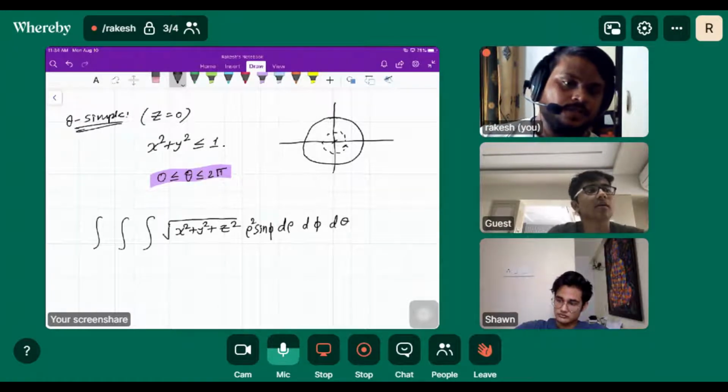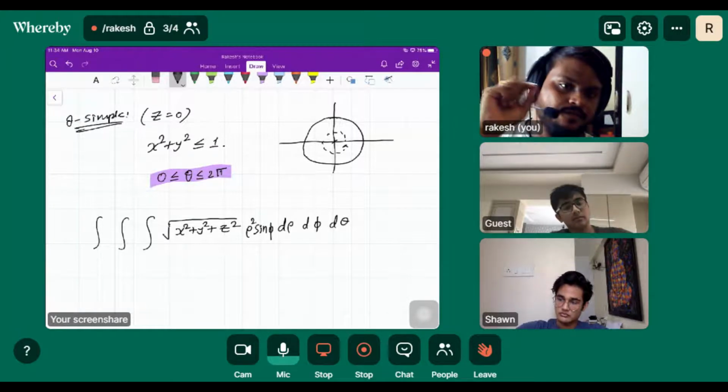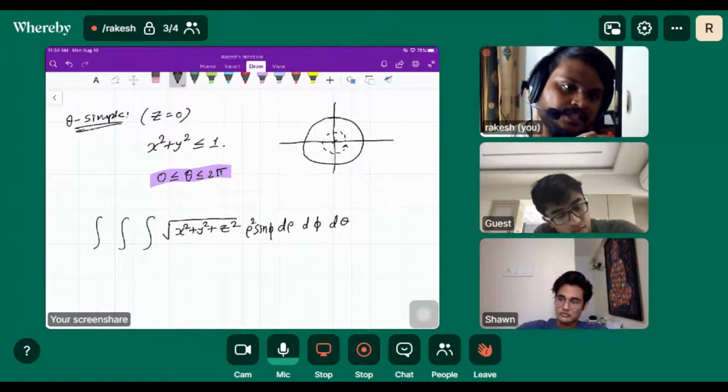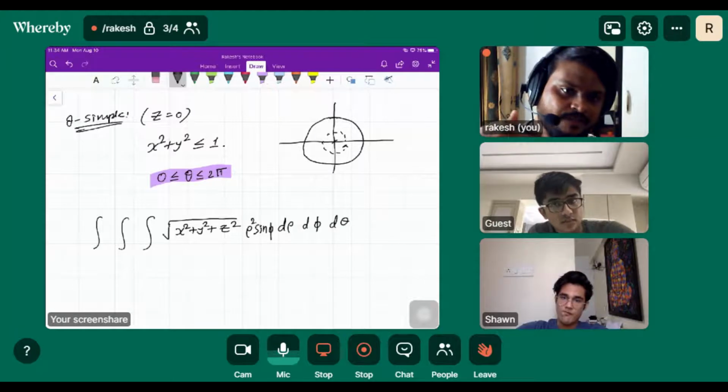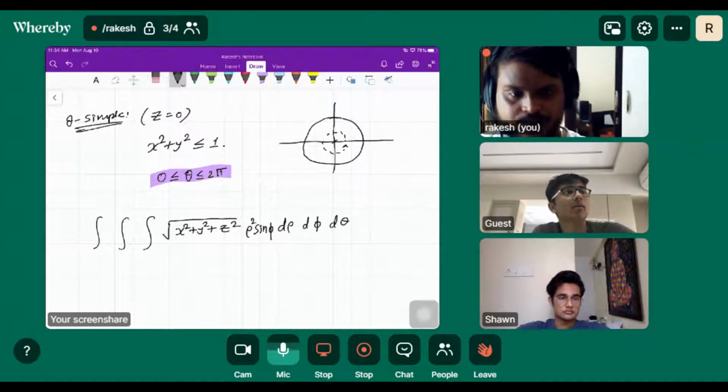Once we convert from rectangular to polar, we include r dr d theta. Similarly, we have already gone through the explanation of why we got rho square sine phi, so that has to be there.